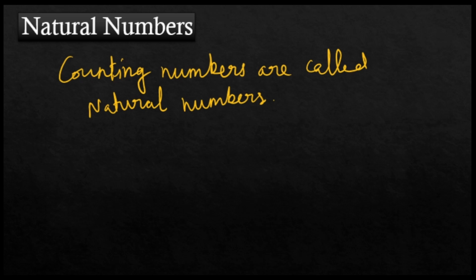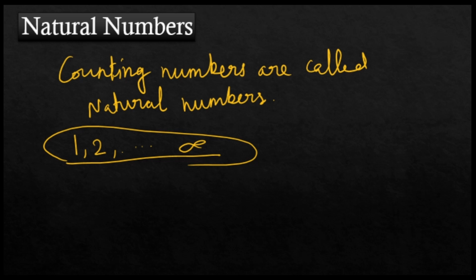Natural numbers. As we all know, counting numbers are natural numbers. If I write numbers from 1, that is the least number in the natural numbers, which goes on to infinity. But if I want to show all these natural numbers in a collection, how will I write this?